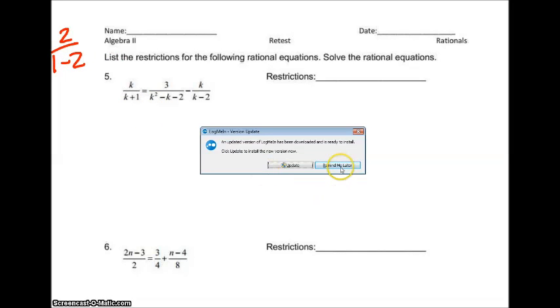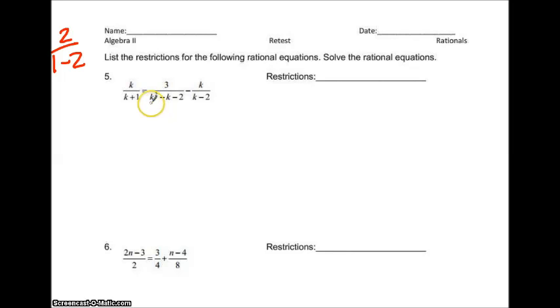So this is actually going to be k plus 1 and k minus 2. So restrictions, k plus 1 gives me x cannot equal negative 1. Use the opposite sign. K plus 1 I've already done. K minus 2 says that x cannot equal positive 2. K minus 2 I've already done.